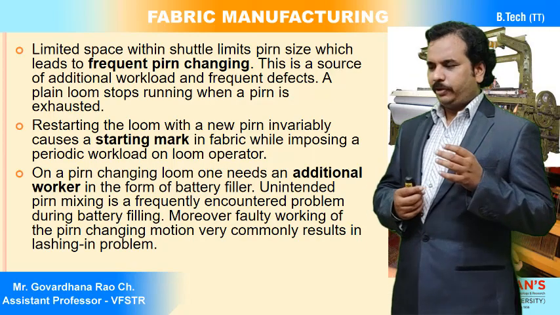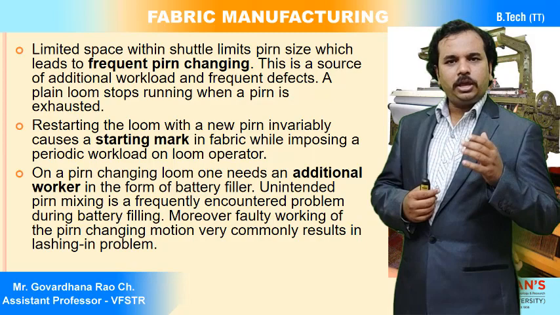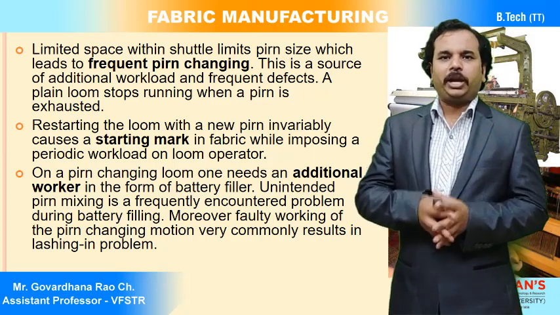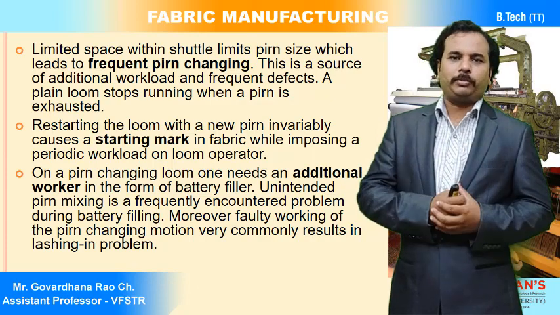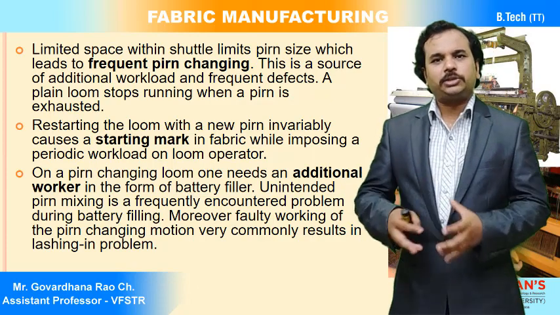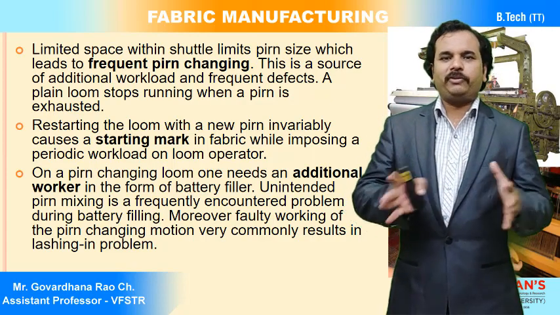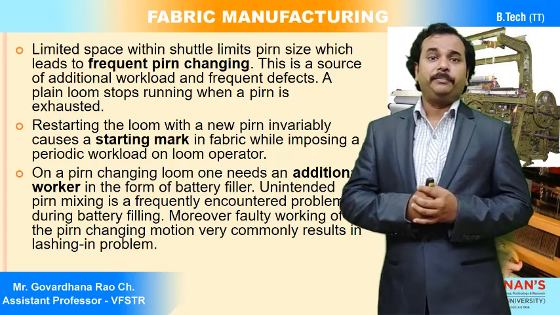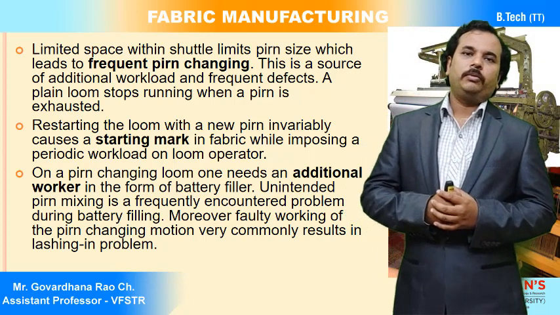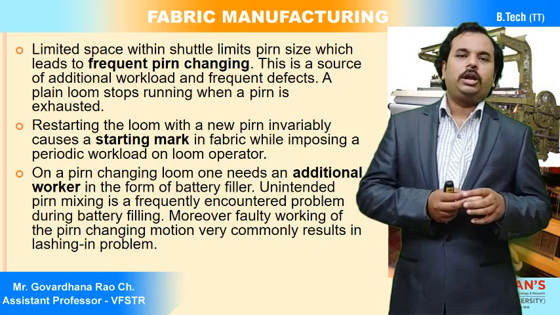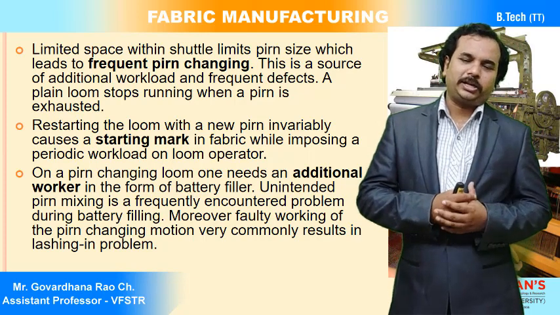For example, if you have kept a separate mechanism to change the pirn automatically, whenever it is exhausted it will read it and change the pirn. If we have that type of mechanism in the shuttle loom, it is called the pirn changing mechanism or the weft replenishment mechanism.